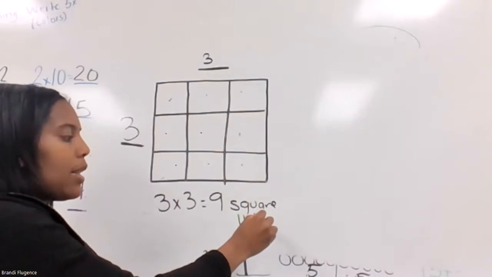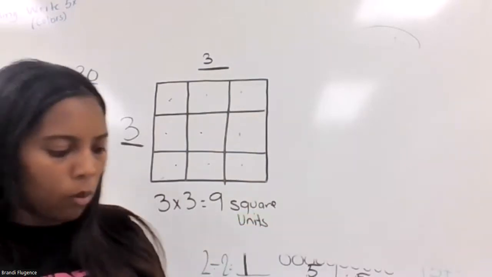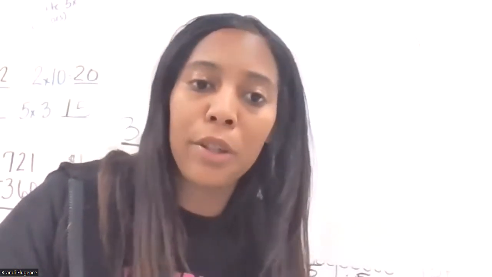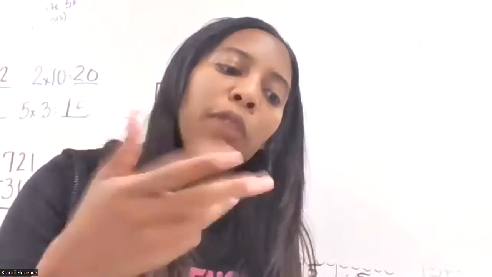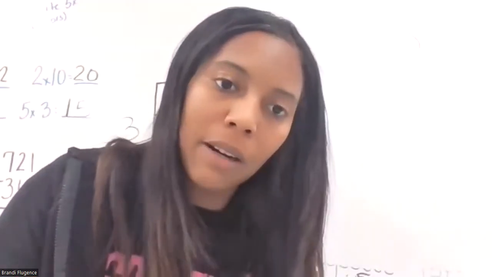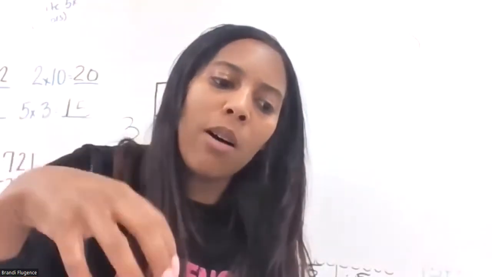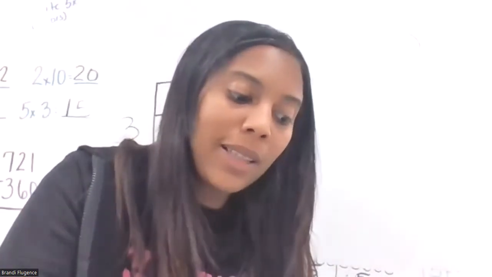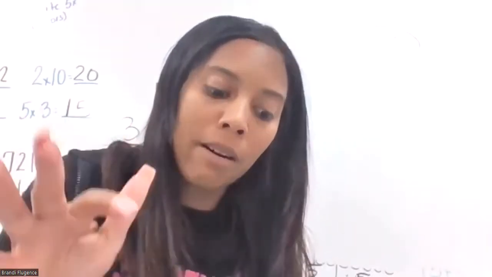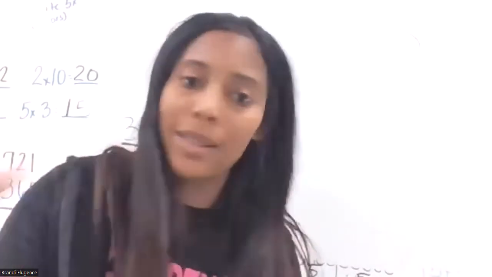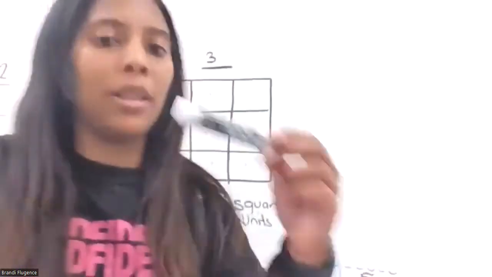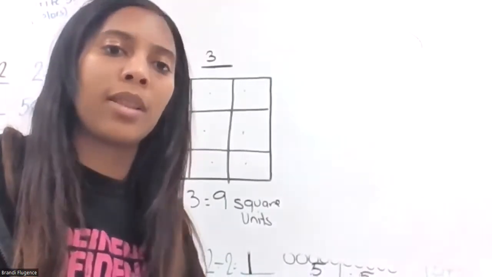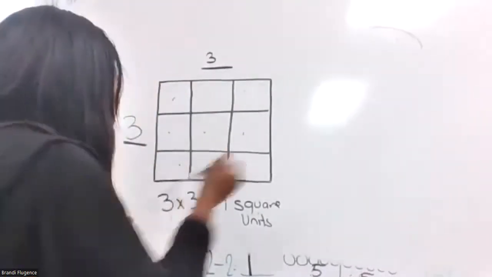Okay, so area is basically the same thing. When we find the area, how many square tiles, square units did it take for us to fill in the shape? That's what finding the area is. It's the same thing we've been doing, but now in your book it's going to say area, not array.